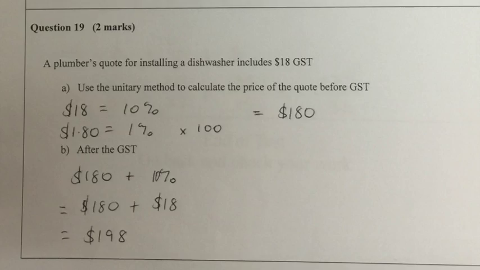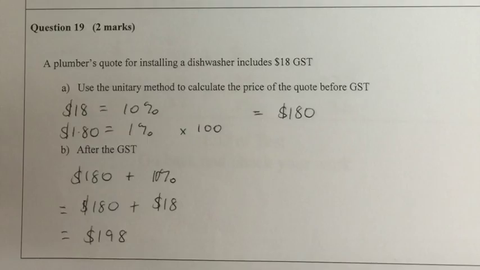Question 19. A plumber's quote for installing a dishwasher includes $18 GST. It's important to know in Australia that we have a 10% GST. So use the unitary method to calculate the price of the quote before GST. We know that $18 equals 10% because GST is 10%.